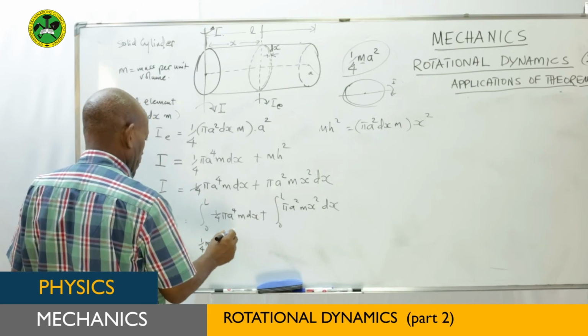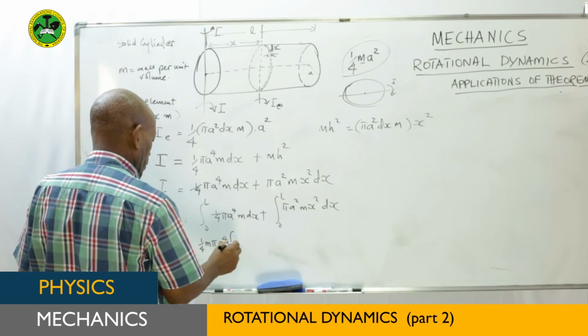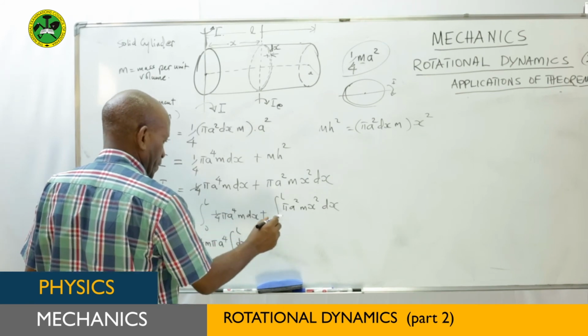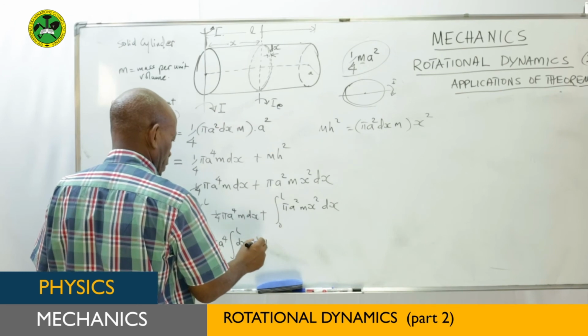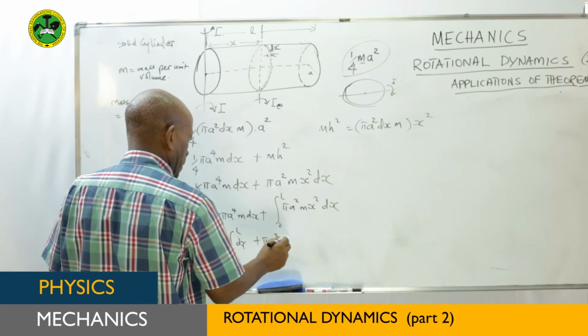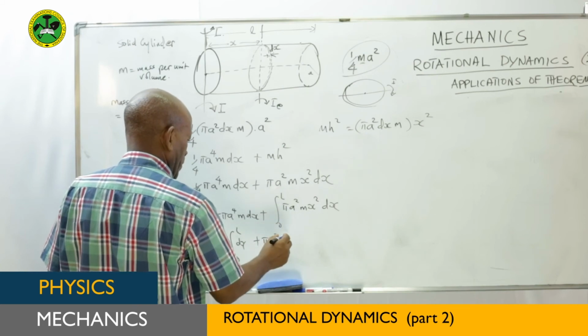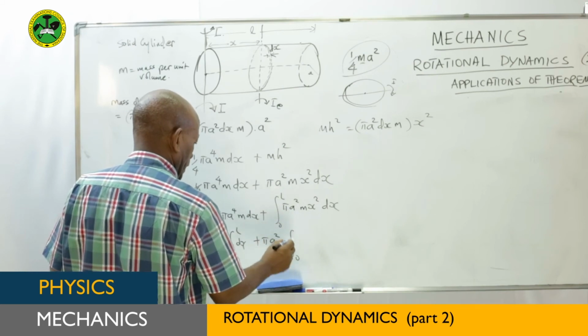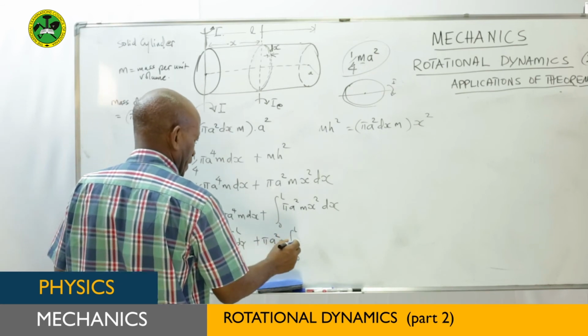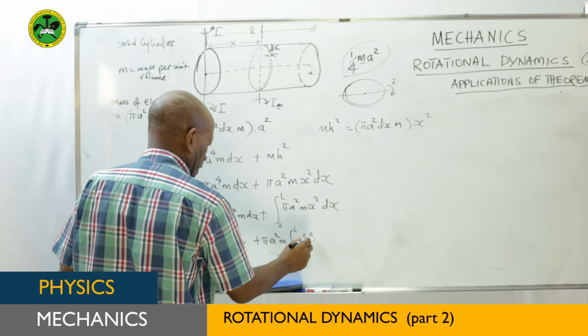We're just going to have dx from 0 to L, plus pi a squared m, which can be taken outside, and inside we're going to have x squared dx from 0 to L.